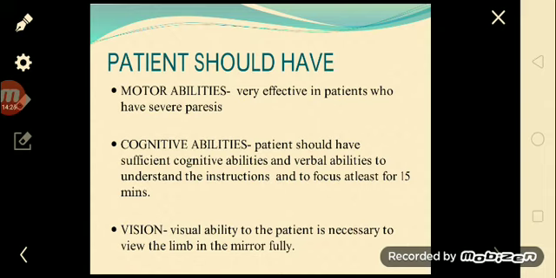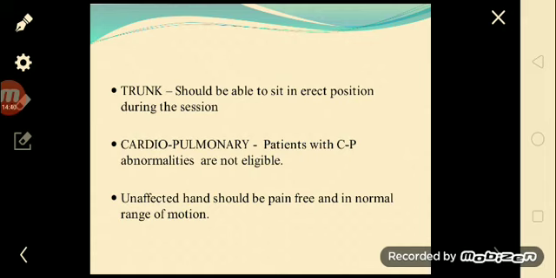Vision. Without proper vision, he cannot gain that visual feedback and get mirror neurons activated. So the vision must be proper, and the trunk ability should be such that he can sit in an erect position for a long time.